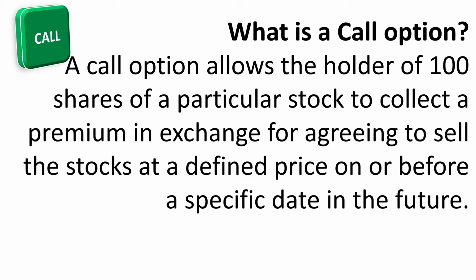So if somebody owns 100 units of a particular stock, they can sell a call option, which means that they will receive an amount as a premium, but in exchange for receiving that premium, they are agreeing to sell those shares at a set price within a defined period, before the expiration of that defined period.